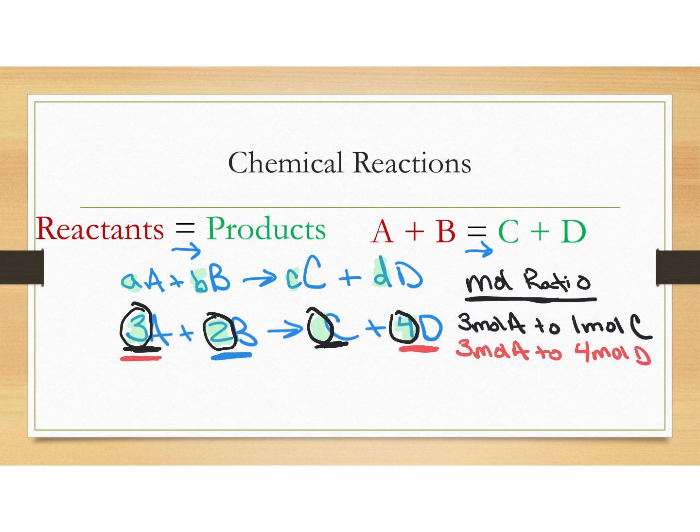I have 2 moles of B to 1 mole of C, and I have 2 moles of B to 4 moles of D. I can use any combination. These are just 4 of them.